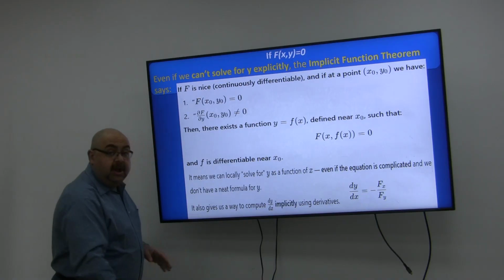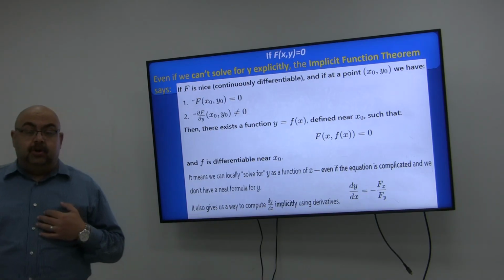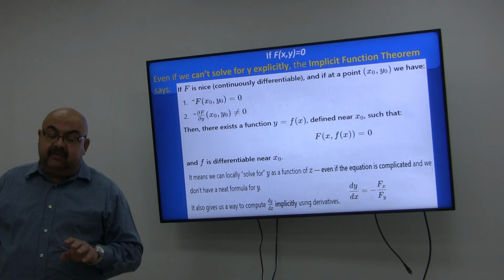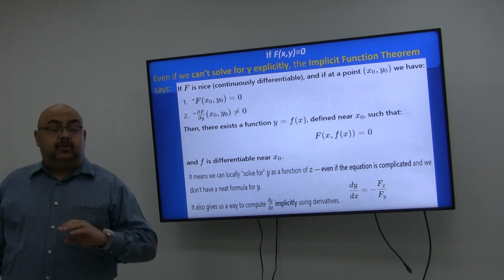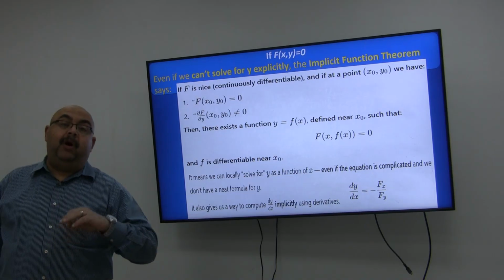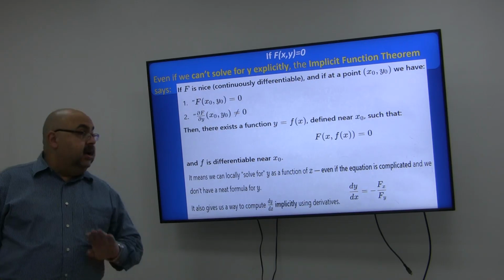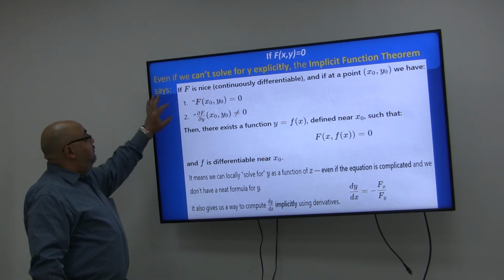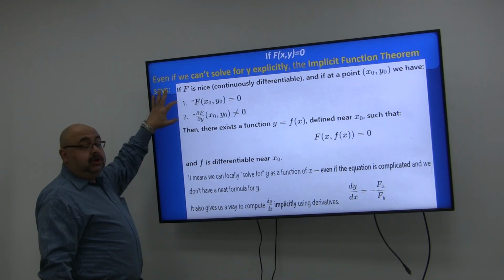So once more, if my function applies to the implicit function theorem, I can get the derivative of one of them as a function of the other simply by first of all confirming these two conditions.